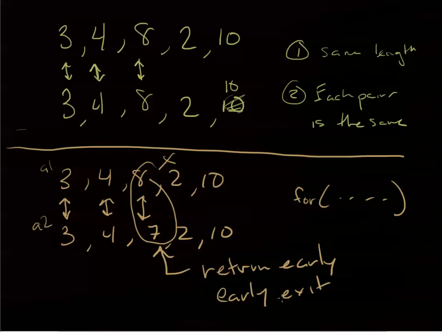We will return from our function right away, right out of this for loop. We won't let the for loop continue. If we go all the way through and we never find a mismatch, when the for loop naturally completes, then we'll return true, because we've walked through the entire array.